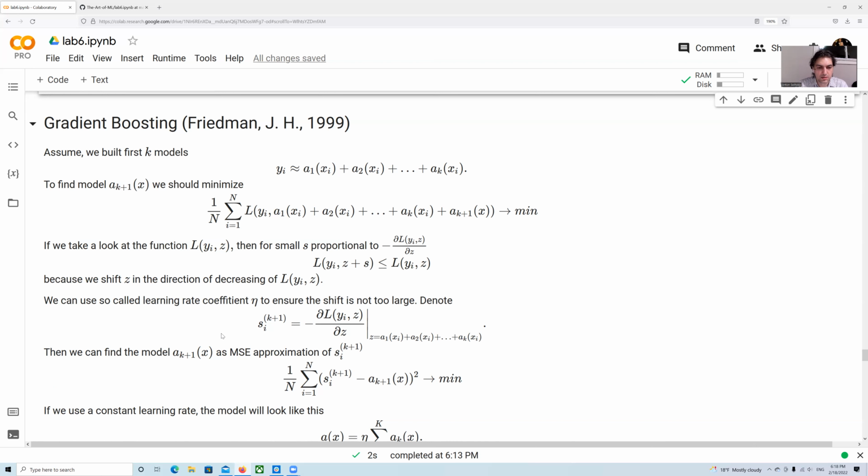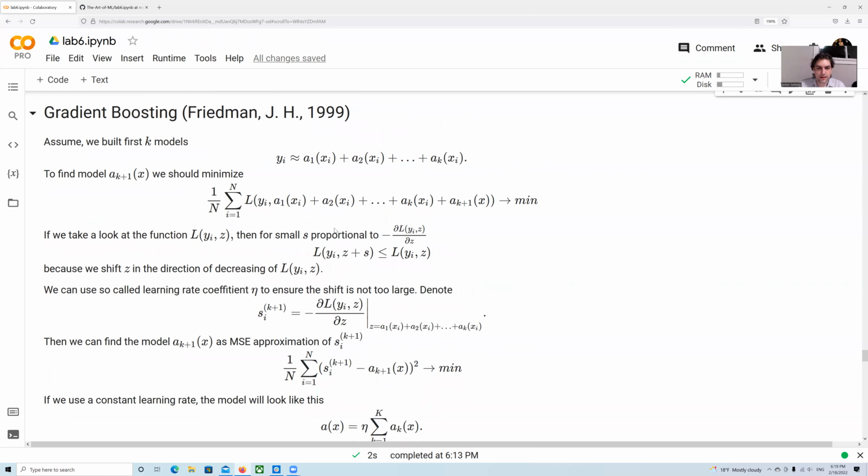So let's try to understand the idea behind this method. We still approximate our model by the sum of models, and we try to minimize our loss function.